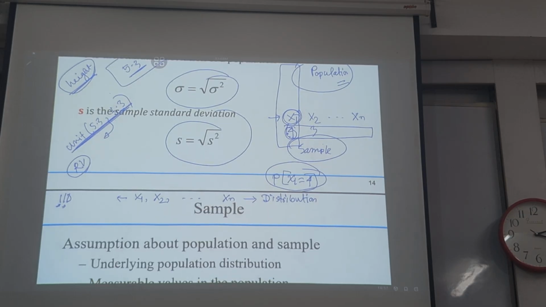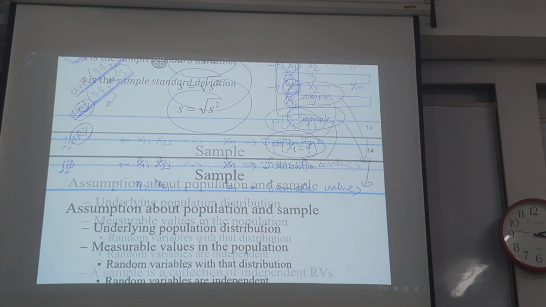Now, what is the value of X1? We have a value, a small x1, right? We call this one sample values. If there is a sample, then we have a collection of random variables. Sample values are the values of the random variables.